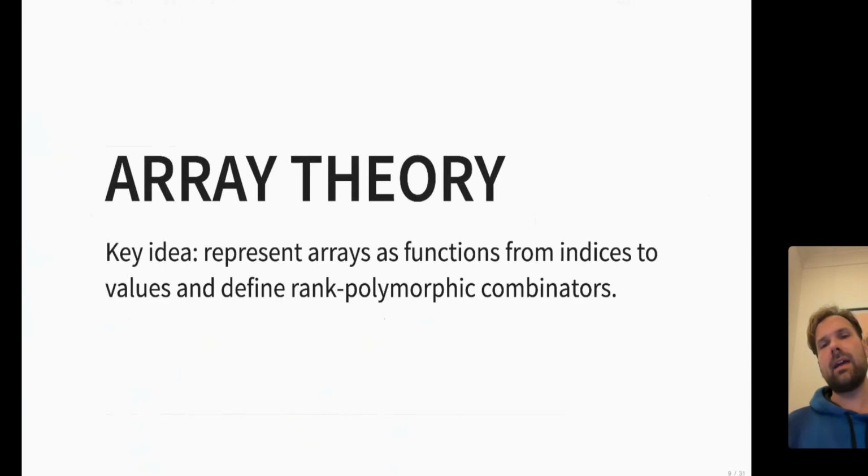In order to do this, we have to define array theory. The key idea of the representation of arrays comes from a very old functional mantra: represent your data as functions, and functions compose, right?